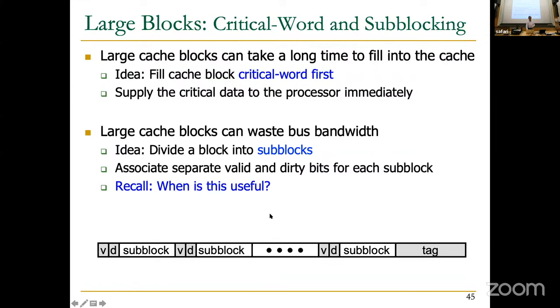You don't need to bring the entire block into the cache. You can bring the remaining parts of the block lazily, over time, potentially, if you think they're going to be useful based on some prediction mechanism that you have in the processor. Okay, so we talked about sub-blocking. It can be useful in implementing large blocks without always having to pay the penalty of fetching the large blocks into the cache.